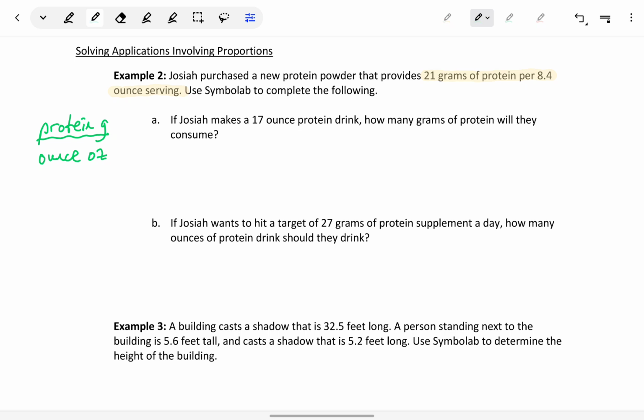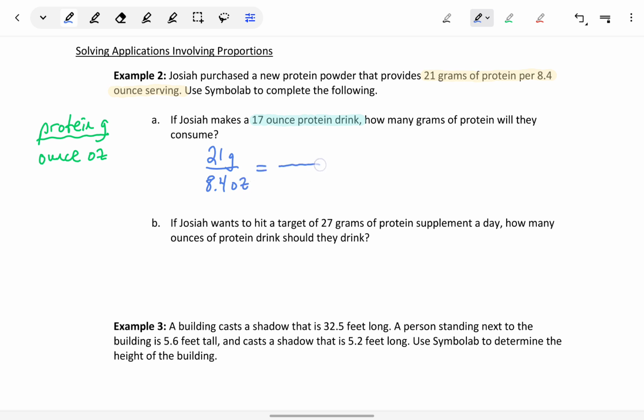In part A, we're told that Josiah is making a 17 ounce protein drink. Using the information in the original portion of the problem, back in that original text for example 2, we're told that 21 grams is delivered for every 8.4 ounce serving.